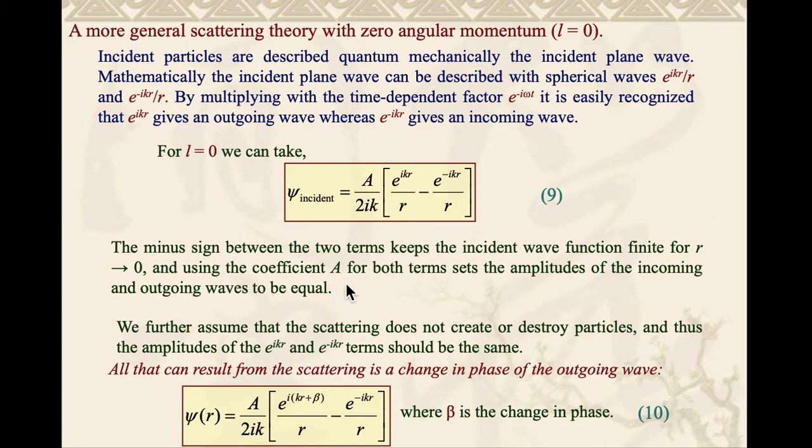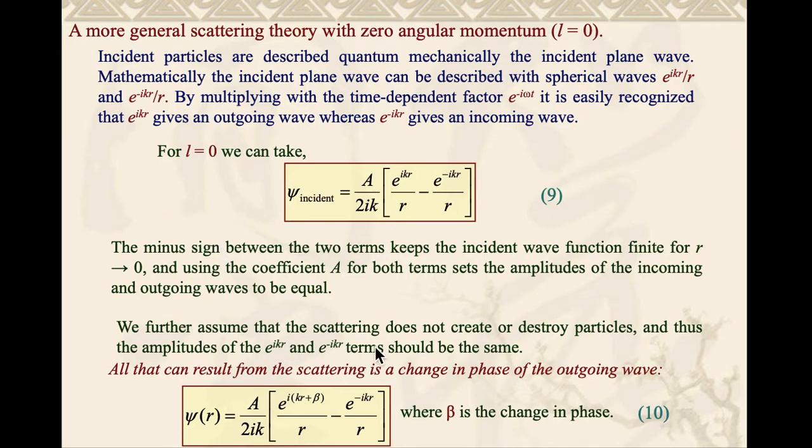Using the coefficient A for both terms sets the amplitudes of incoming and outgoing waves equal. This A is the amplitude of the incoming wave and the outgoing wave. In other terms, when you consider the incident, from that incident you have scattered as well as transmitted, and that transmitted is part of your incident.